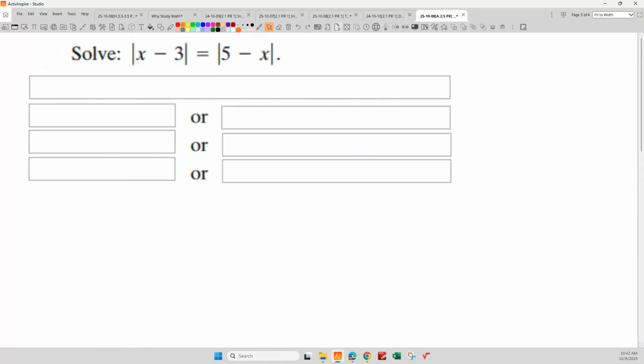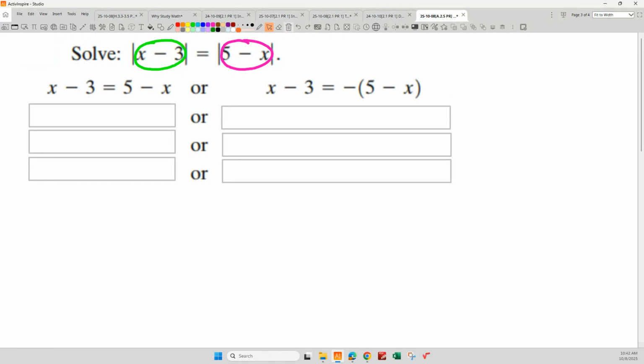So like in one like this, we're going to split this and we're going to say what's inside the first absolute value, which is x minus 3, either equals what's inside the second or negative what's inside the second, the opposite of what's inside the second. So that's what we get, right?